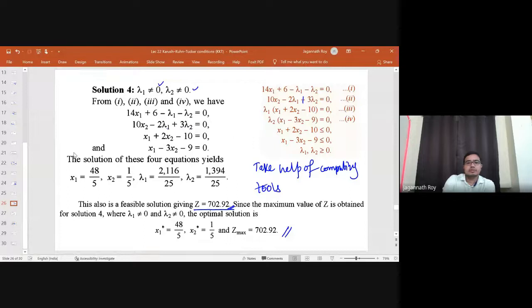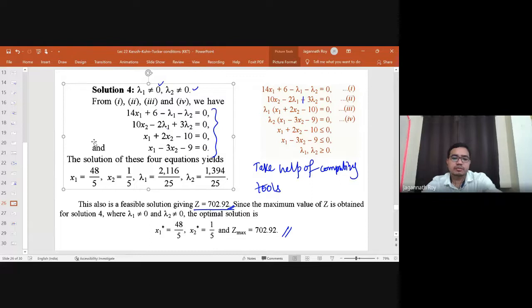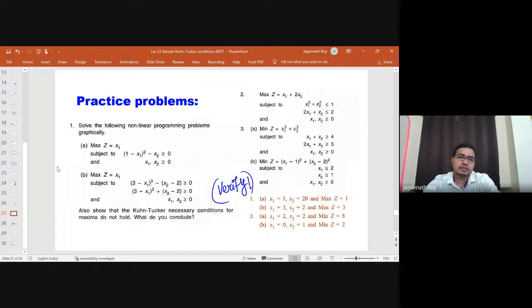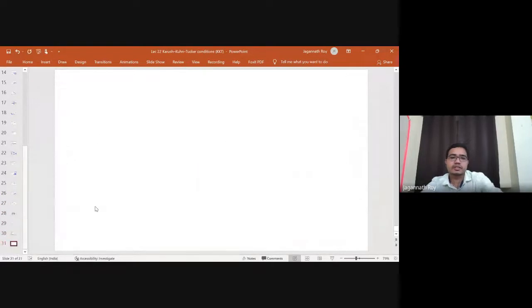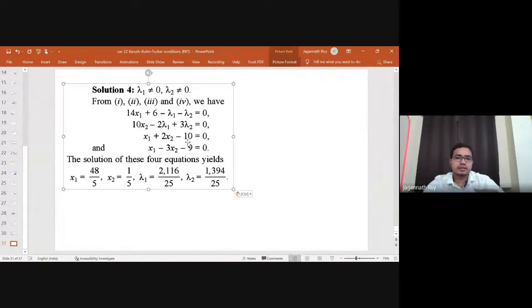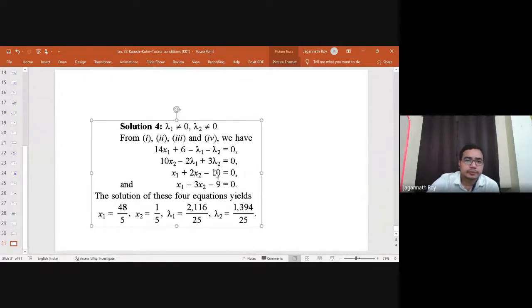So here also, from here we have 4 variables and 4 equations. Now if I have to define this problem, let me put one more slide. Solution 4, we have this case.